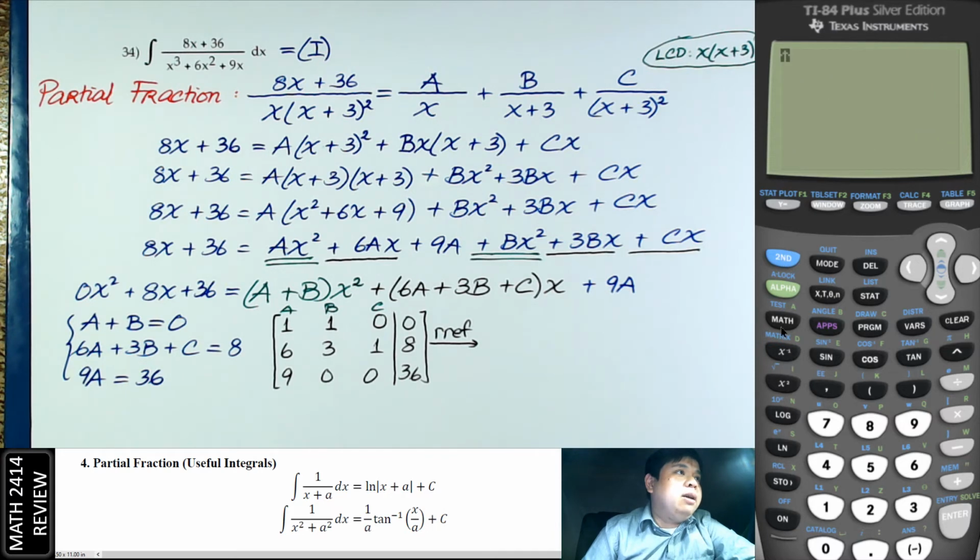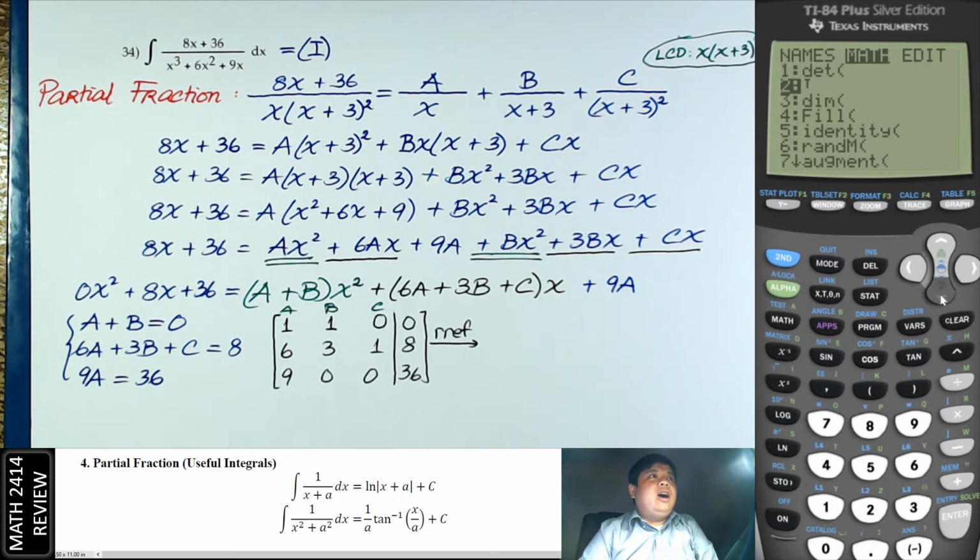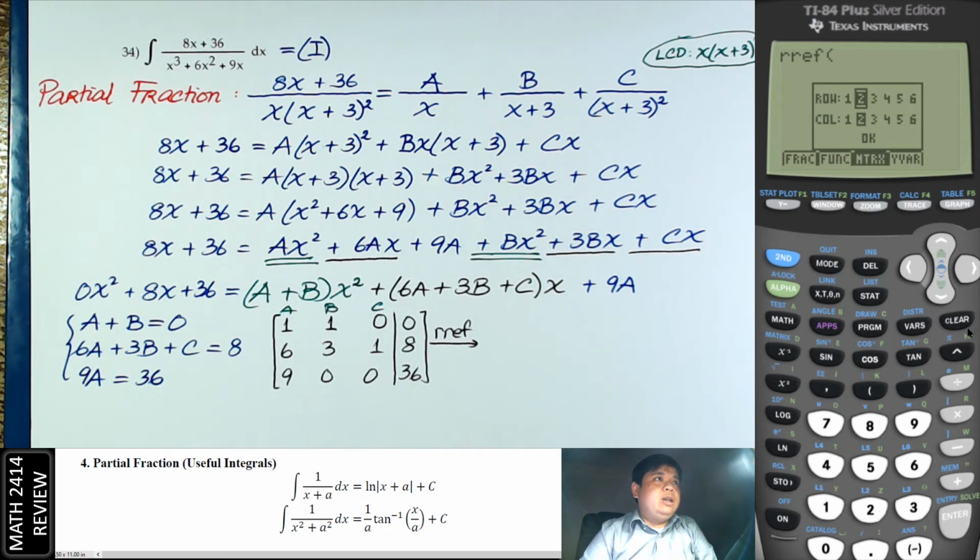Second, matrix, go to math, option B, and then we have the matrix, alpha zoom, 3 rows, 4 columns. Okay.